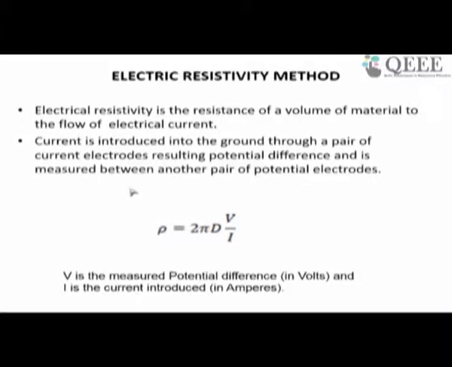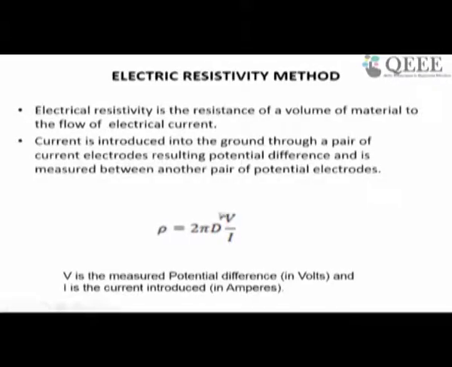As I mentioned, there will be two current electrodes, which will pass current into the ground, and another two which will be used for measuring the potential.